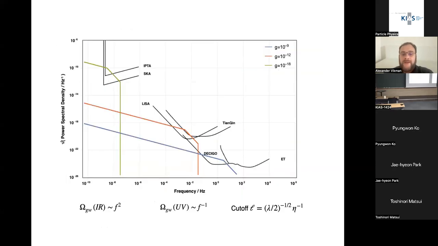Okay, and a bit more speculative, we try to estimate even the spectral shape, the proper spectra of these gravitational waves. Basically, there is this peak frequency, that's true.